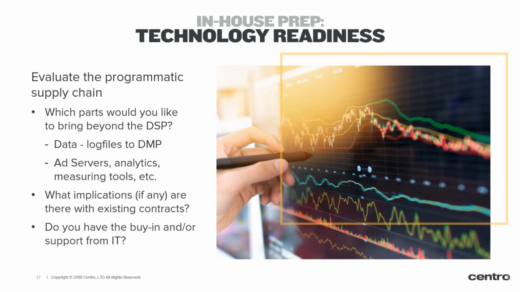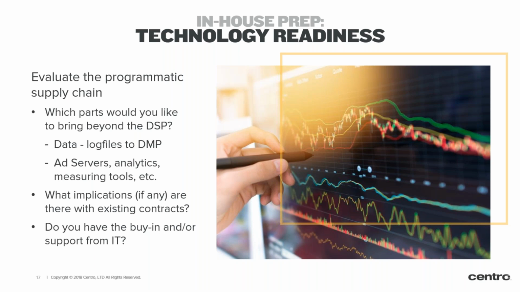Next up, when it comes to technology readiness, this is an area where you must look at the full programmatic supply chain, knowing that there are many, many parts outside of just the DSP. So as you chart out some of those areas and determine which of them you want to bring in-house and own as well, depending on your clients and how your agency is structured, it may make more or less sense to have that tight integration with maybe a data management platform, a DMP, but also, what about an ad server?